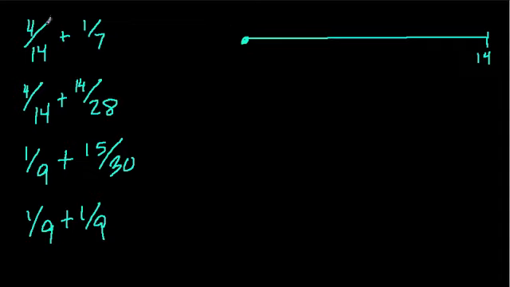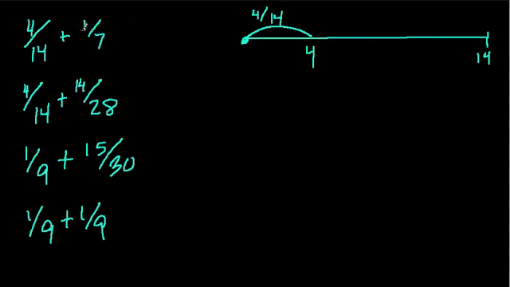So the first thing we're going to do is add 4/14. Well, 14, the denominator here, goes into 14 once. So every time we hop up 1/14, we're going to hop up 1 here. It's a directly proportional relationship, right? So when I hop up 4/14, I go from my starting point, 0, up to 4, right?